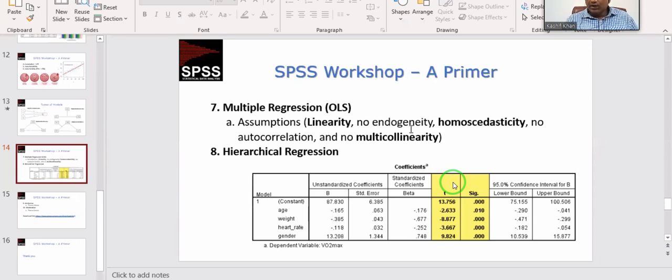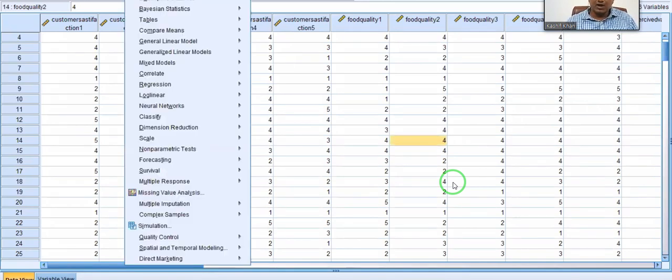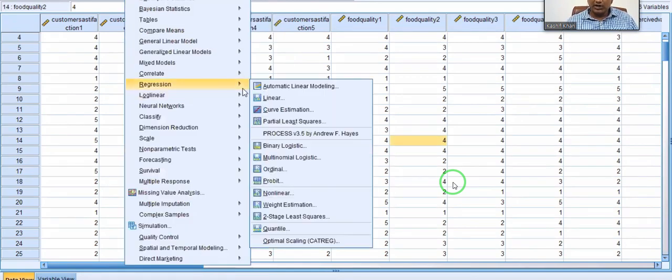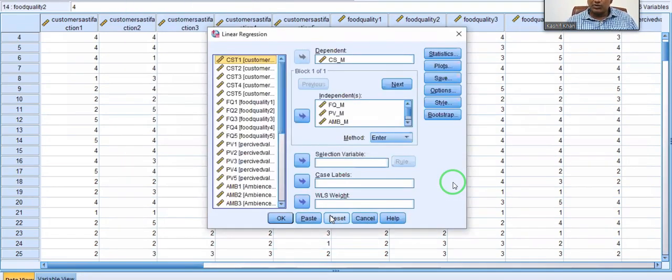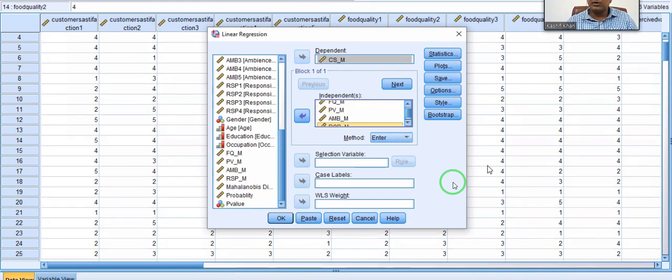Let's run multiple regression, and then we'll run hierarchical regression. Remember, multiple regression is for the direct relationship. Let's go to Regression, Linear, and reset it. We take mean customer satisfaction as our dependent variable, and these four variables: food quality, perceived value, ambience, and responsiveness of the customer service team.